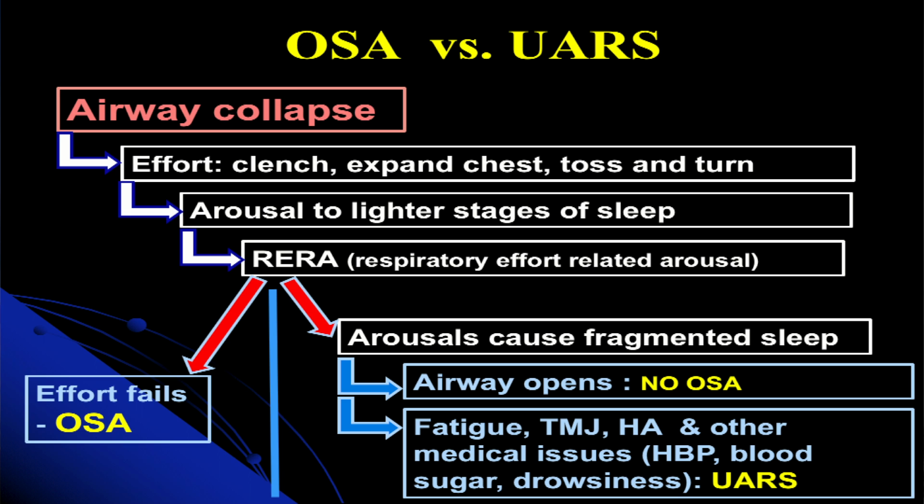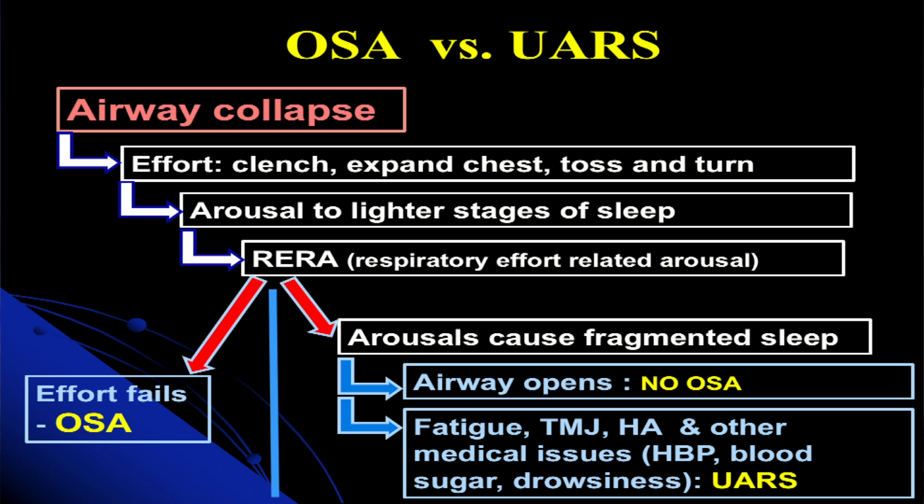The effort causes the arousals, but the arousals cause what they call fragmented sleep. Their sleep is disturbed all night long by all this effort. They've got all these events. The airway opens up because their effort's working. They don't have obstructive sleep apnea. They have upper airway resistance syndrome. Now there's no ICD-10 insurance code for upper airway resistance syndrome. It's just put under a subcategory of obstructive sleep apnea.